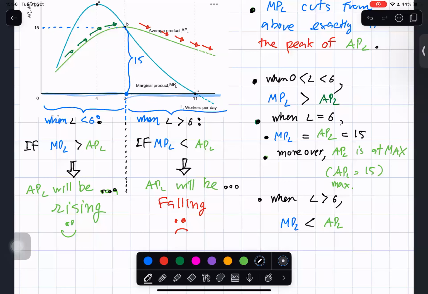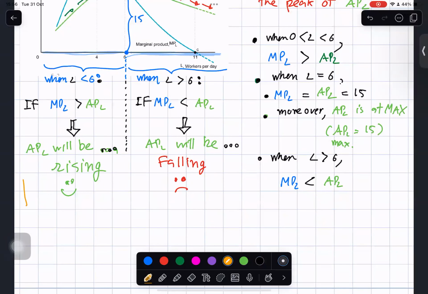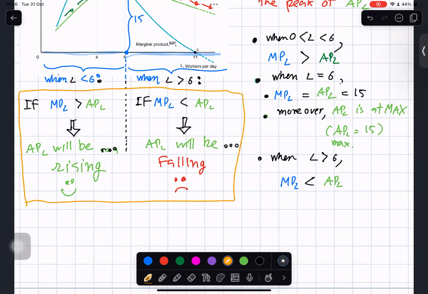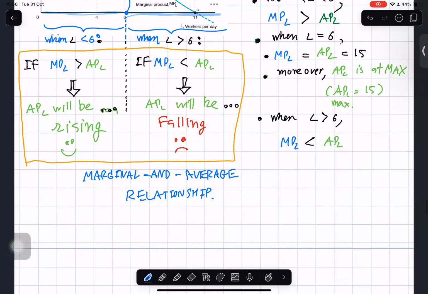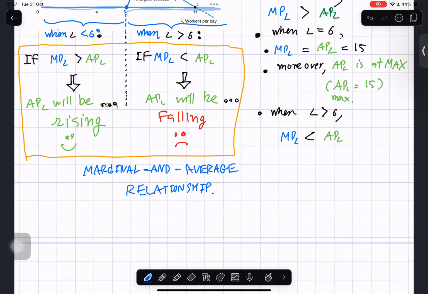So we call this the marginal-average relationship.